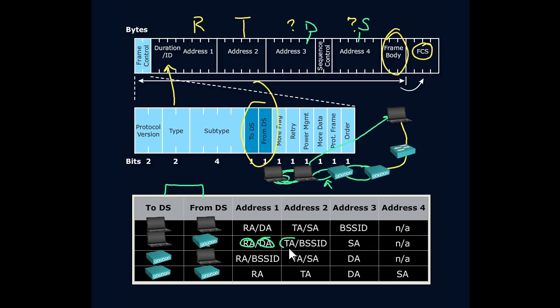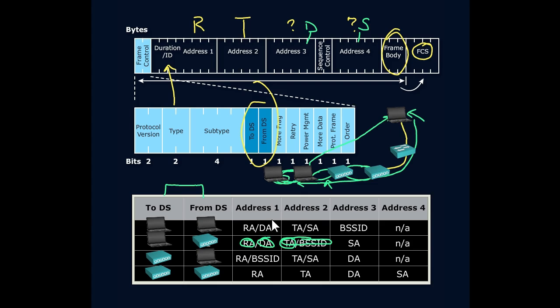The transmitting address will be listed as address 2, which will be the value of the BSS ID. The source address, though, might be this guy out here, right? So this is a message coming this way. Therefore, the source address is listed over here as address 3. That's the MAC address of the actual other device that's on the network, maybe on the Ethernet network.